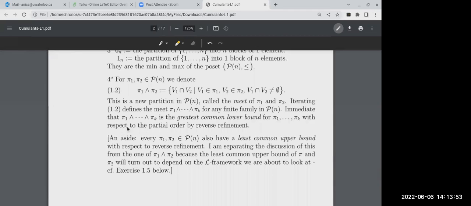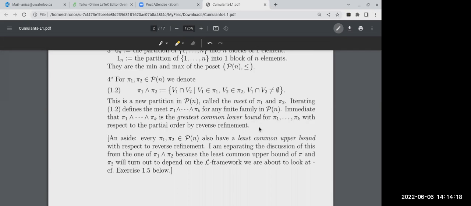More generally, you can do this for any family of K partitions. And this is immediately seen as the greatest common lower bound of your family of partitions. So this partial order by reverse refinement has a notion of greatest common lower bound.